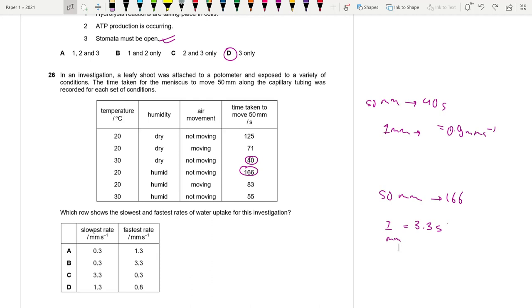Which row shows the slowest and fastest rates of water uptake for the following investigation? What about the other ones? Let's do those. 125 by 50.